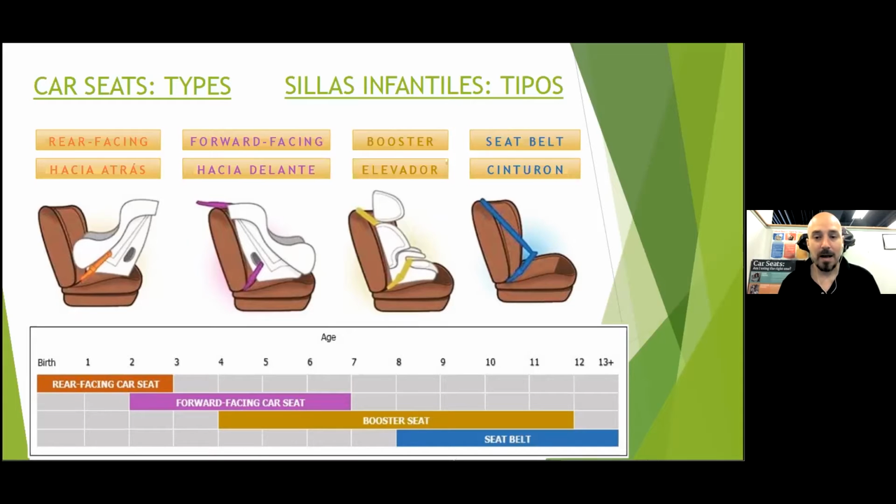And then the last stage, the seatbelt, they start at 8 years old. No kids under 8, unless they have more weight than usual, they can be in just the seatbelt. This is pretty simple. It gets more complex when we talk about ages and the different circumstances that every family can have, but this is the basic scheme that we are going to move around.